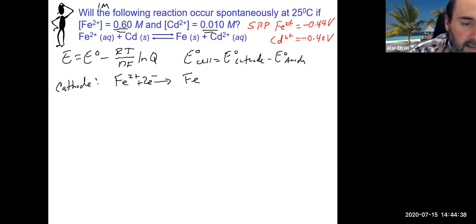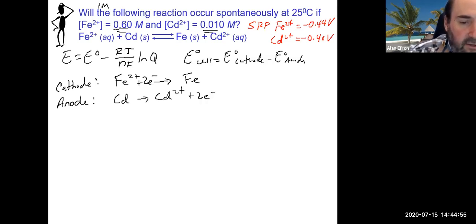And that means by default our anode should be the cadmium, going to cadmium with a +2 charge, which means it lost 2 electrons.